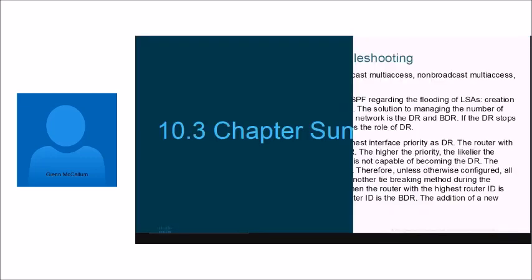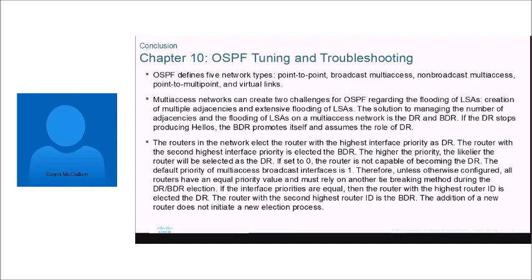Okay, so the chapter summary. And so we spoke about the 5 types of networks. And those ones with multi-access in the name are basically the ones that need the DR, BDR elections. And so on those multi-access networks, the reason we need DR and BDRs is to stop lots of LSA flooding.